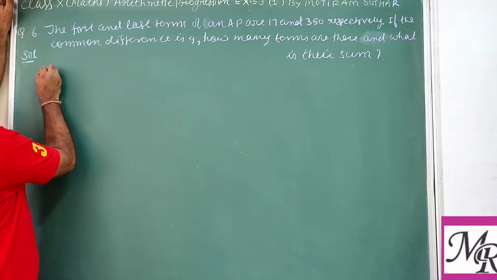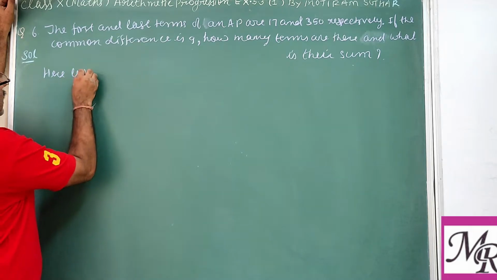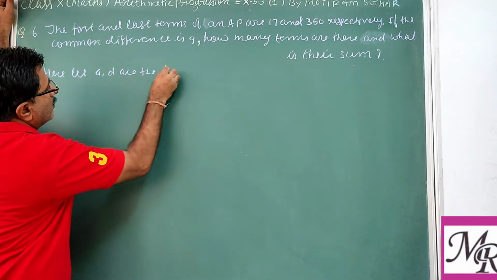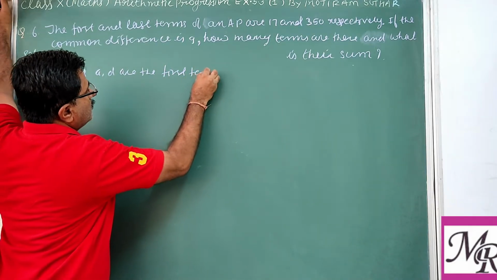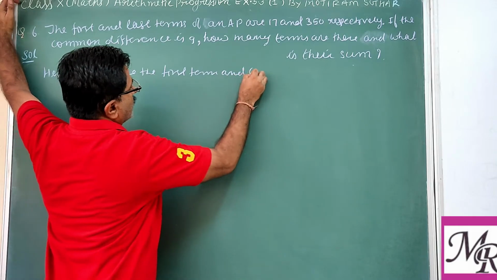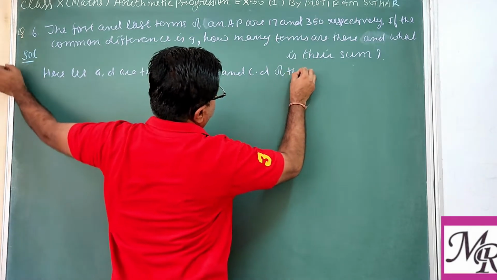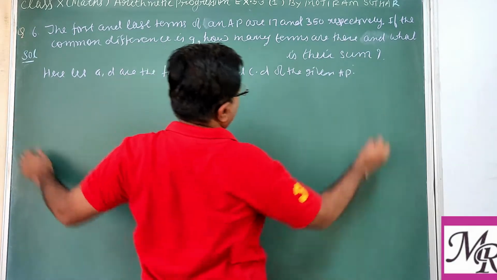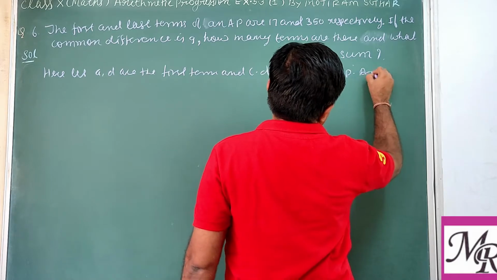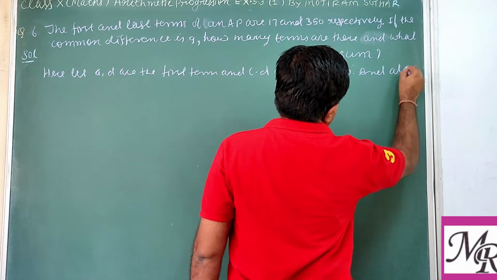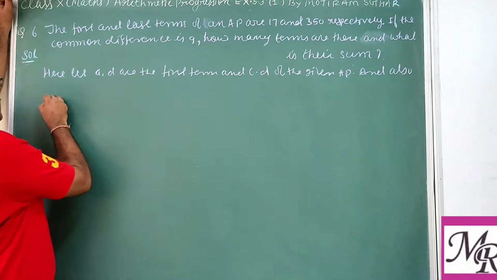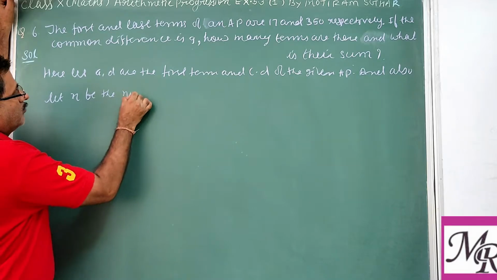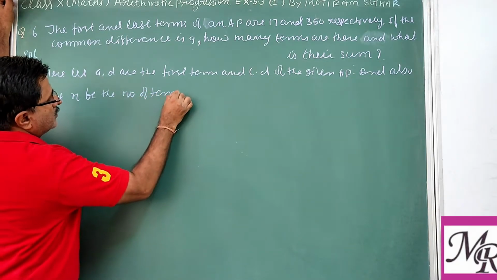So in the solution we write here, let a and d be the first term and common difference of the given AP, and let n be the number of terms.